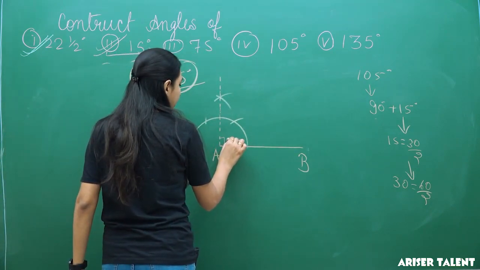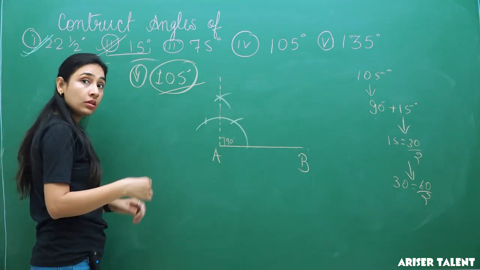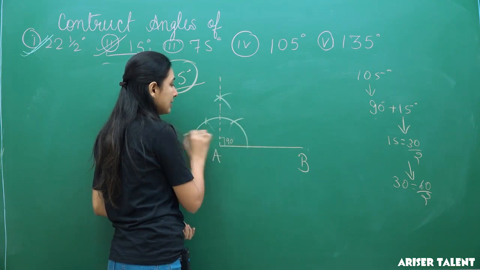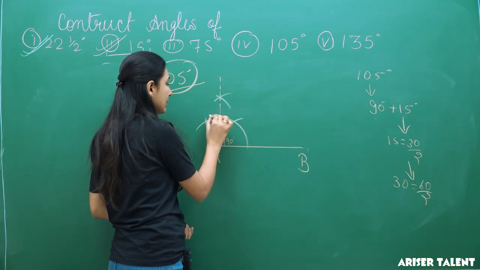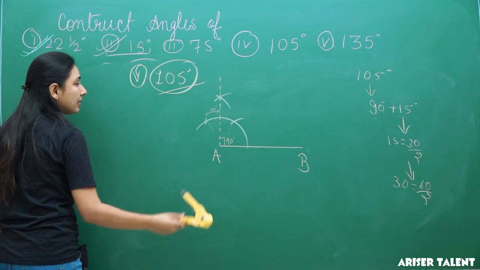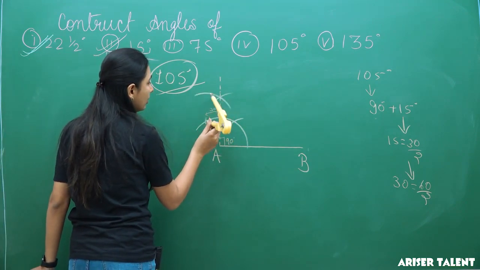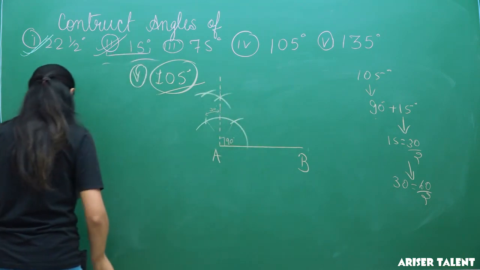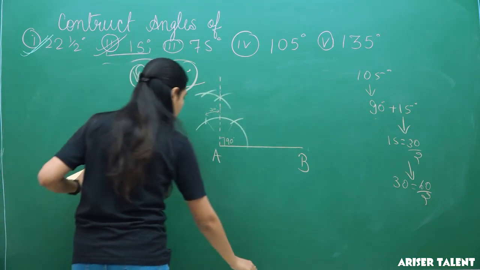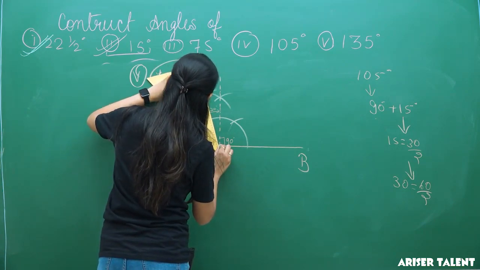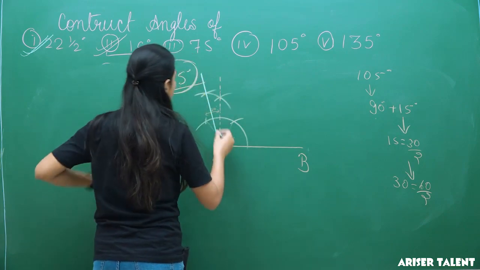Now this is 90 degree, and I have to get one more 15 degree. Now this complete angle is 60 degree, and this angle equals this angle here. This angle equals 30 degree. I have to just bisect it, so bisect this angle from here and from this, and you will get this point.